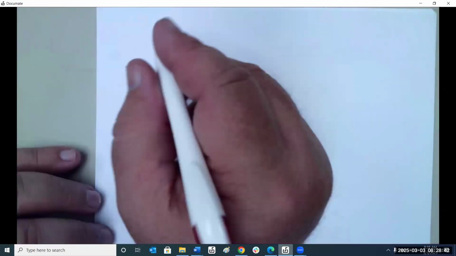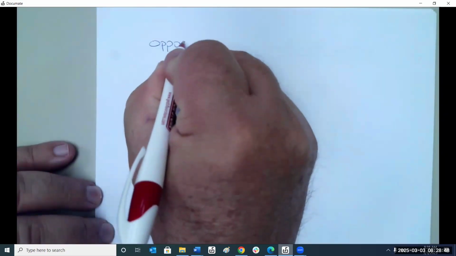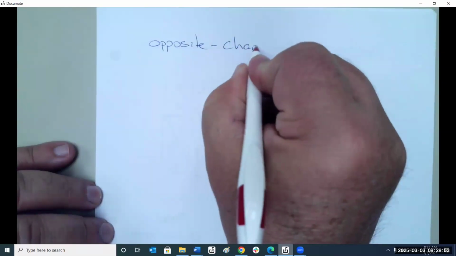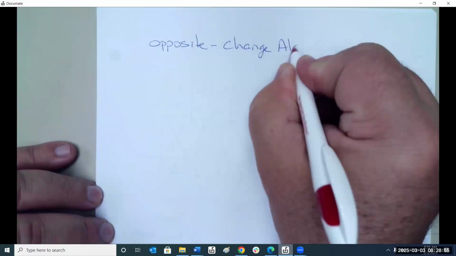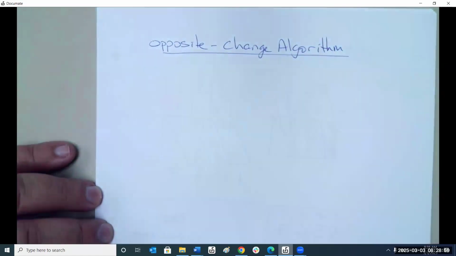All right, the next method, which we've already done already, is column addition. This column right there. So opposite change algorithm.